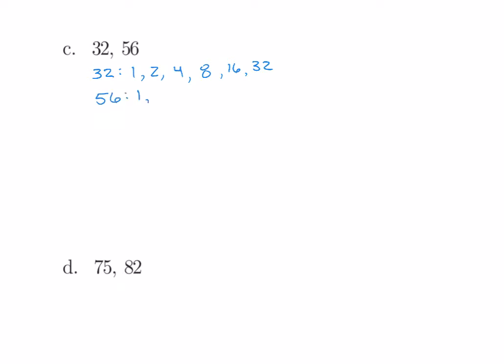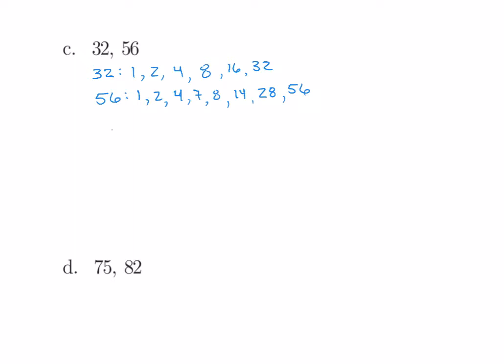For 56, we have 1 and 56. We have 2 and 28. It's not divisible by 3, so we're going to skip over to 4 and 14. And the last one is 7 and 8.